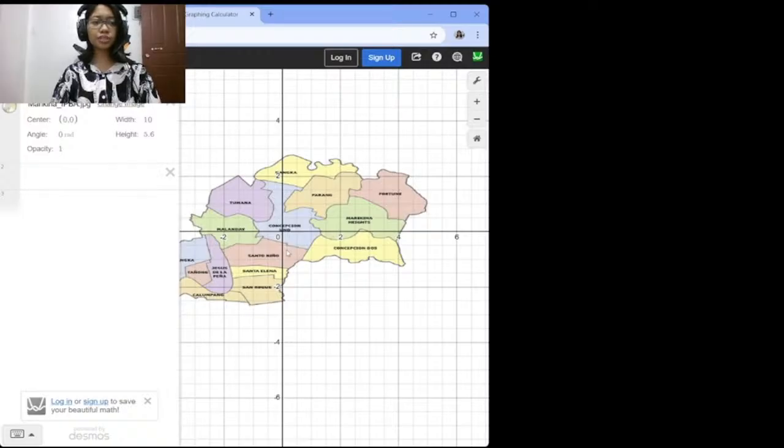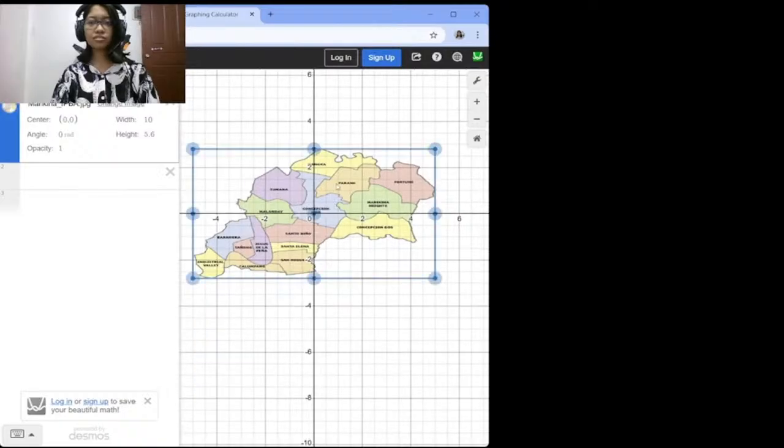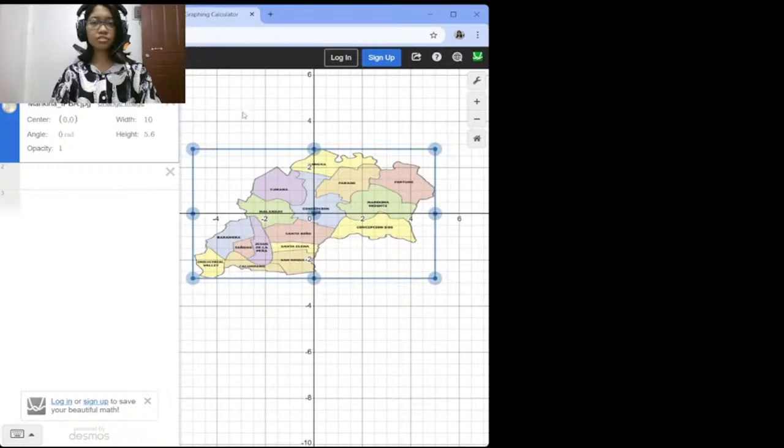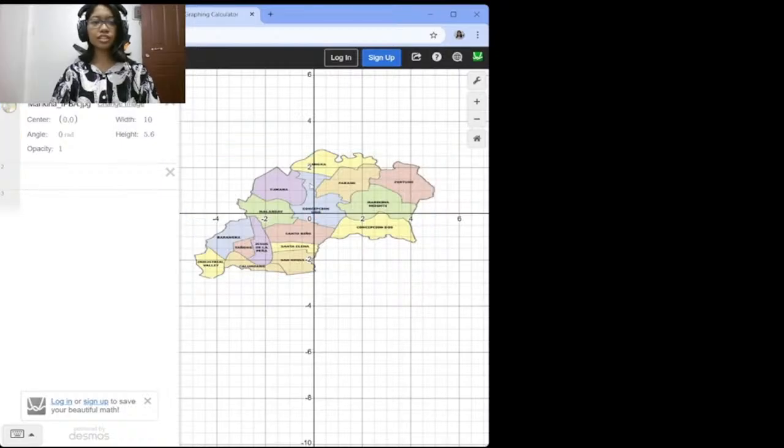The image appears on the graph with 4 corner points. If no corner points appear, you may click here or the picture itself.